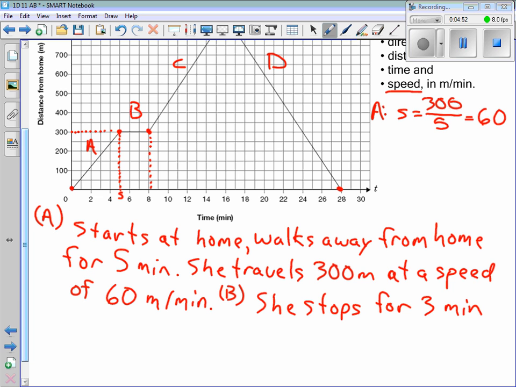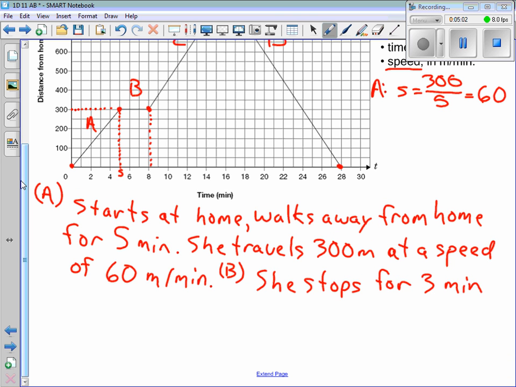If we're feeling creative, we could put in a reason why she stopped, like she's tying her shoe or something. So she stops for 3 minutes. Let's put in some distance information: she stops for 3 minutes at 300 meters from home. Okay, we're done with section B.